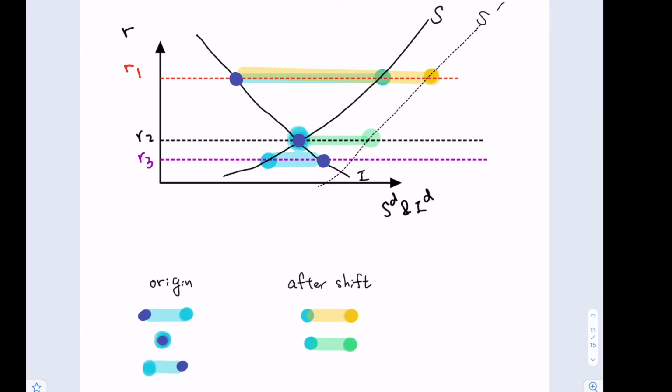But after the shock, it turns out that the saving increase is so large that they now have more savings than investment. So its international lending and borrowing position turns from borrowing to lending.